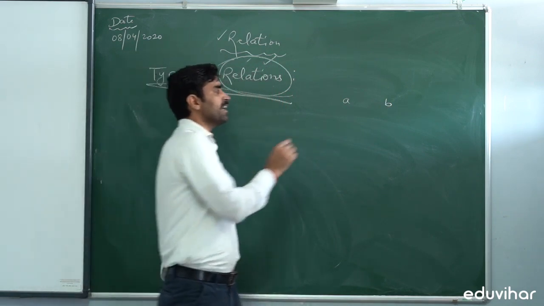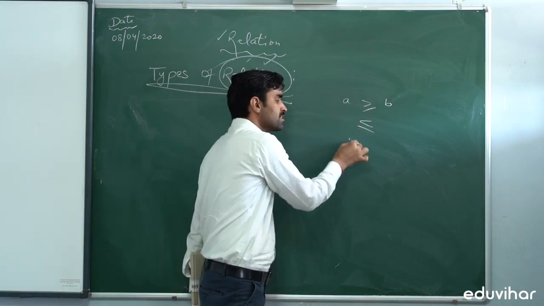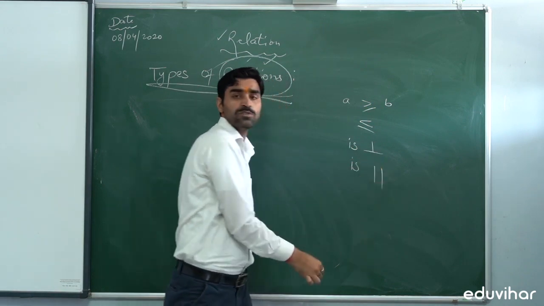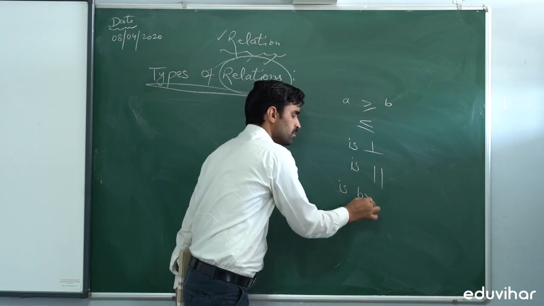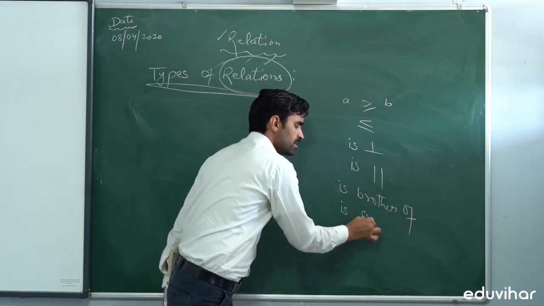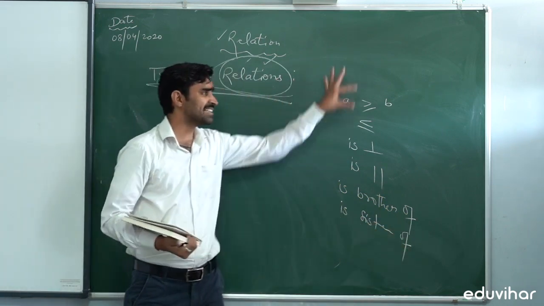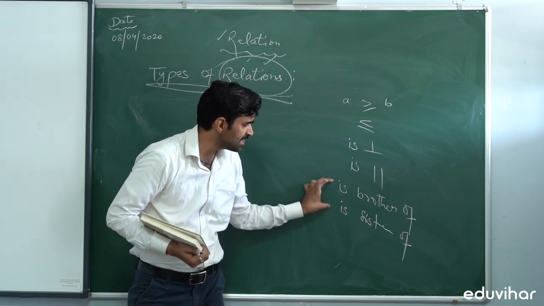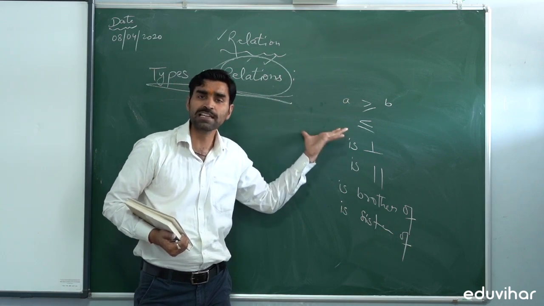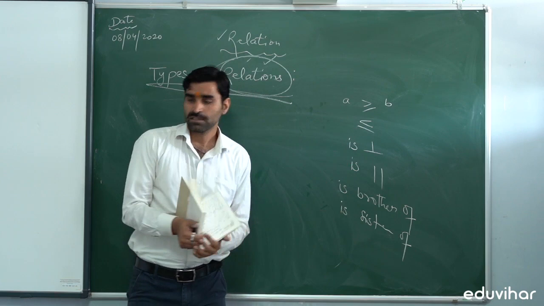The relation may be greater than or equal to, less than or equal to, is perpendicular to, is parallel to, is brother of, is sister of, is mother of, like this. These are relations in general life, in the case of numbers or lines.